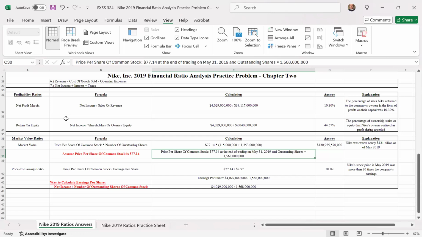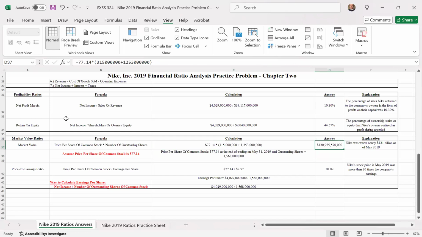You're going to add the 315 from the Class A convertible to the 1,253 from the Class B. But remember, they're valued in millions. You add those together, multiply by 77.14, you're going to get an answer like 120,955,520,000, which is essentially saying Nike was worth nearly 121 billion as of May 2019.